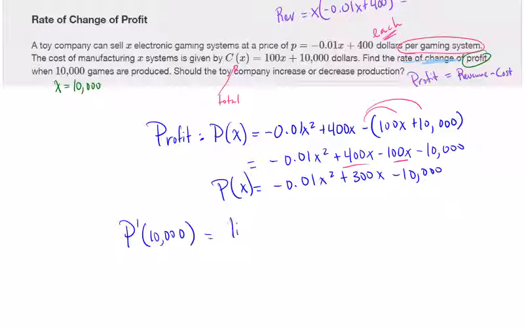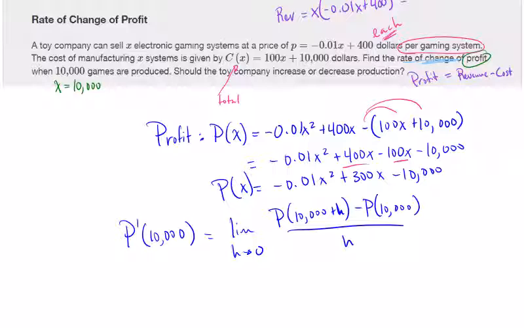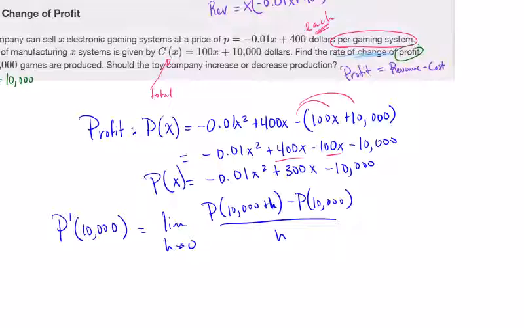And that's going to equal the limit as H approaches 0 of P of 10,000 plus H minus P of 10,000, all over H. Okay. So first, what we want to do is find P of 10,000 plus H, I should say.